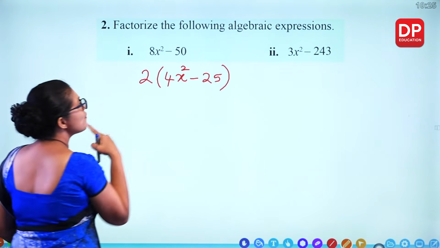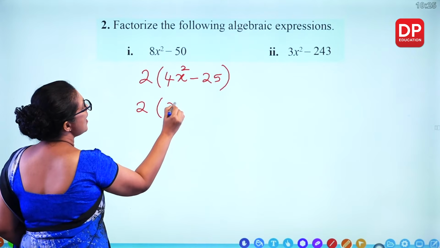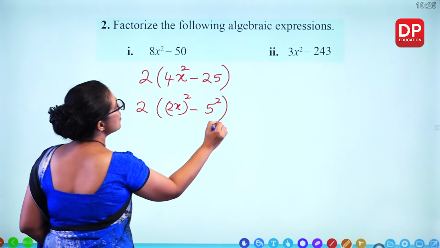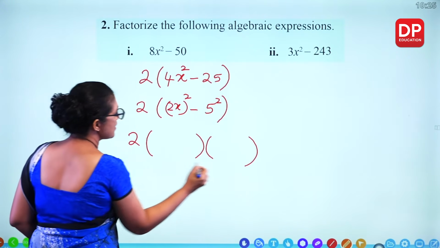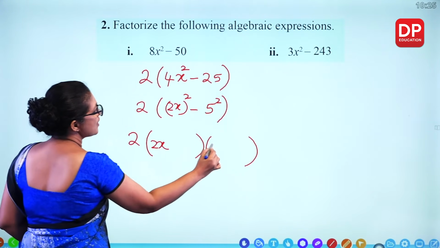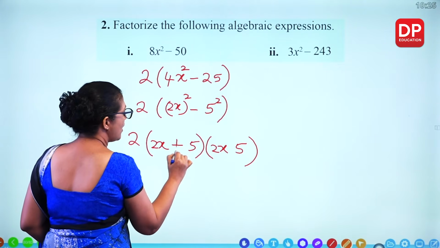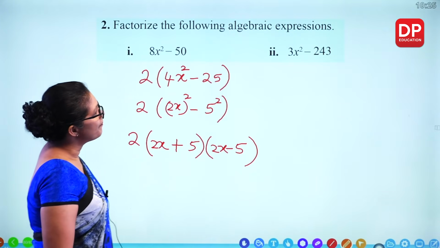Now, 25 and 4 are both square numbers, so I can rewrite it as square terms. 5 squared is 25. Now I can write down the two factors: 2x is the first term, 5 is the other term. One is positive, the other one is negative.